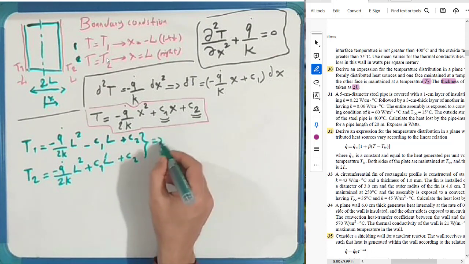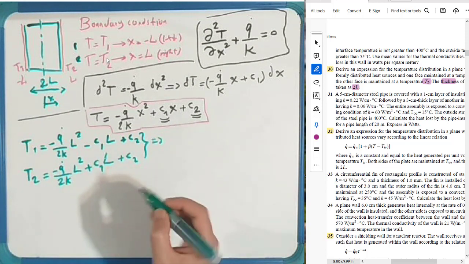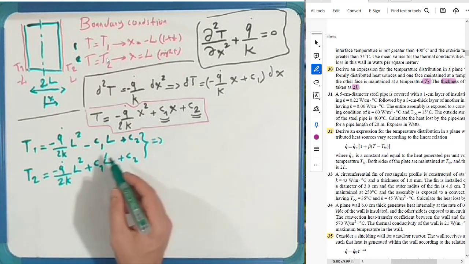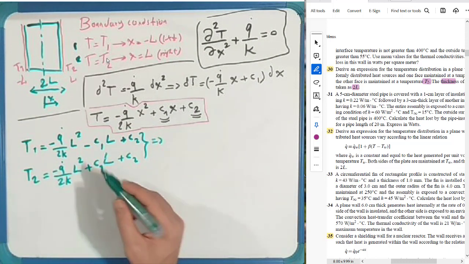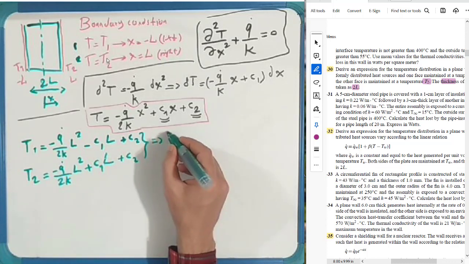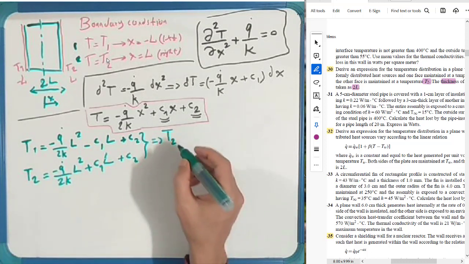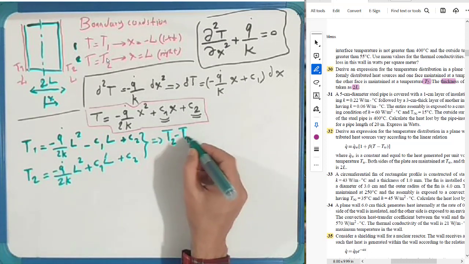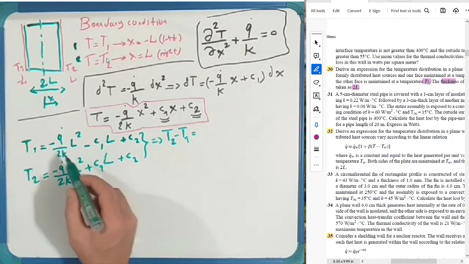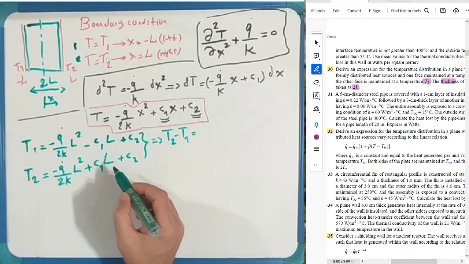Then I should use these two equations to find C1 and C2. Am I able to do that? Yes, because I have two equations. First I subtract T1 from T2. The sign of the first equation will be inverted and added to the second.